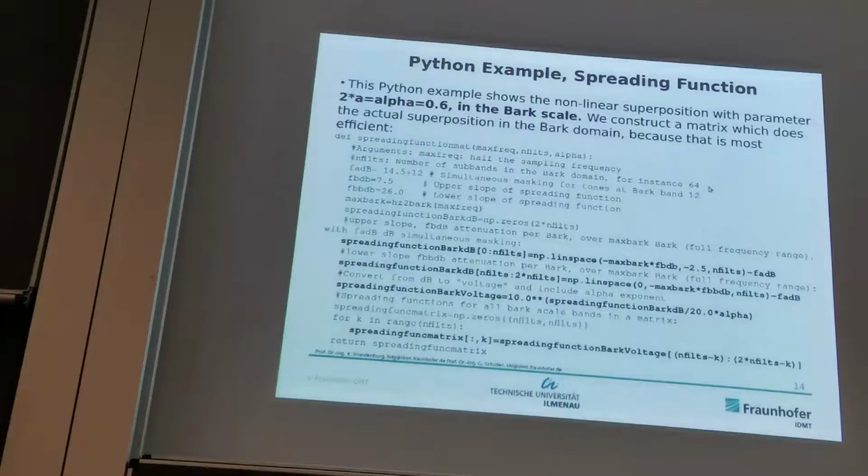You just need to choose a reasonable number. So basically we subdivide the Bark domain into a finer scale. Instead of having just 24 subbands, I'm now going up to 64 to get a finer frequency resolution. And we don't have to stick with full Bark bands, we can go to fractional Bark bands. And this is actually also quite common in audio coding. For instance, AAC and MP3 usually have half Bark or third band or quarter Bark band resolution.